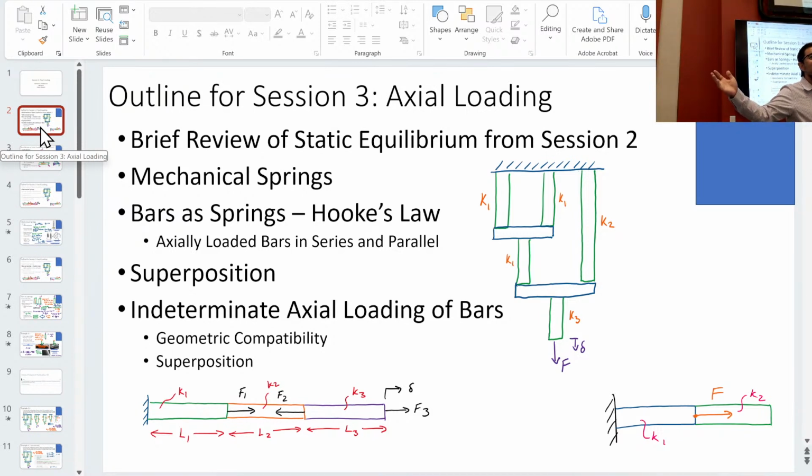What other structures have bars in them? Yes. Buildings. We have lots of bars or pieces of trusses often in buildings. Yes? So are the spokes in the wheel in tension or compression?